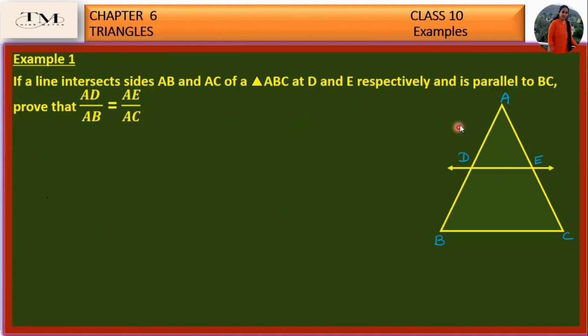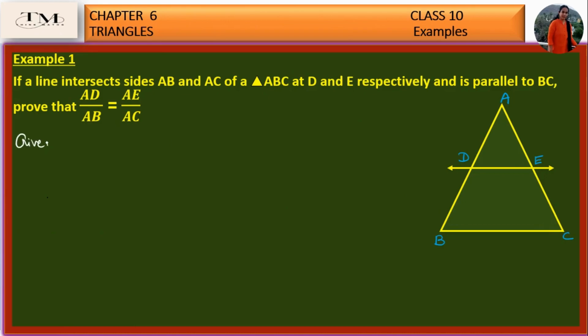What is given? If a line, this is the line DE, intersects AB and AC at D and E respectively, then this line DE is parallel to BC. If it is so, we have to prove AD by AB is equal to AE by AC. So now let us write what is given.